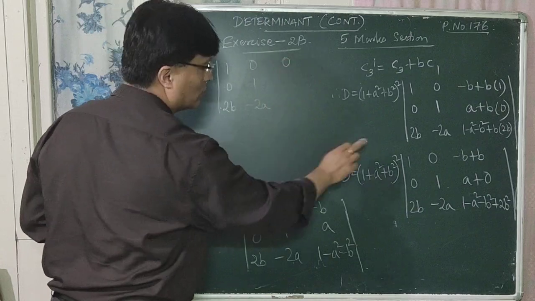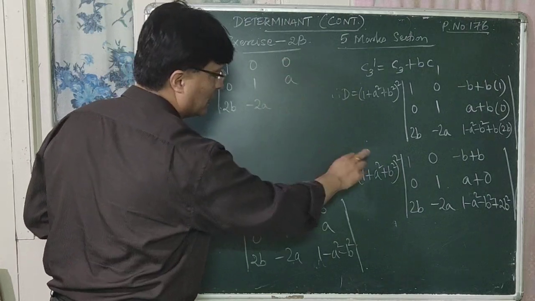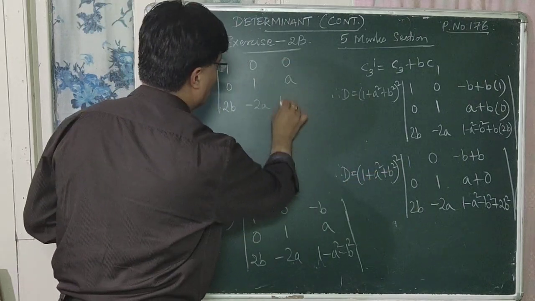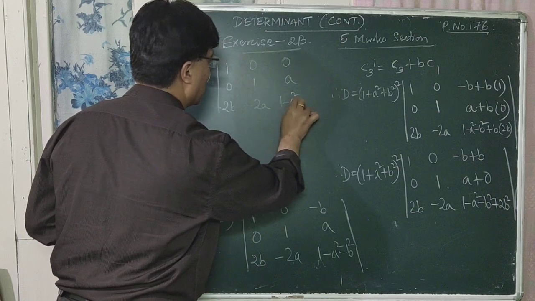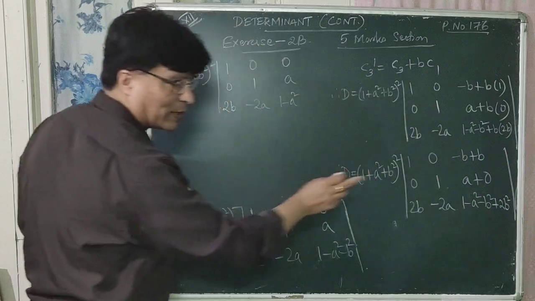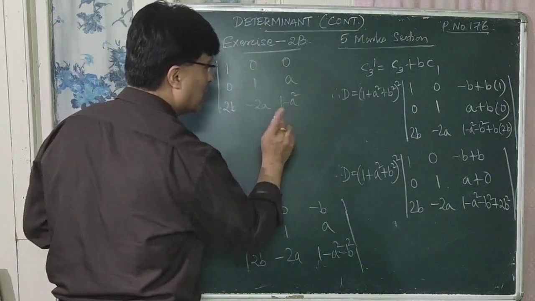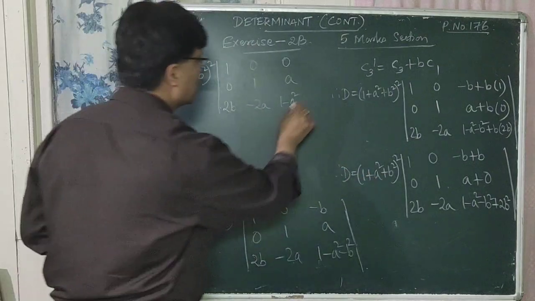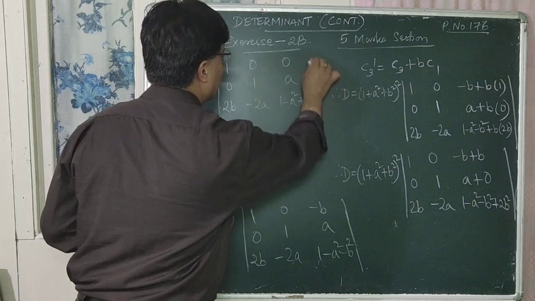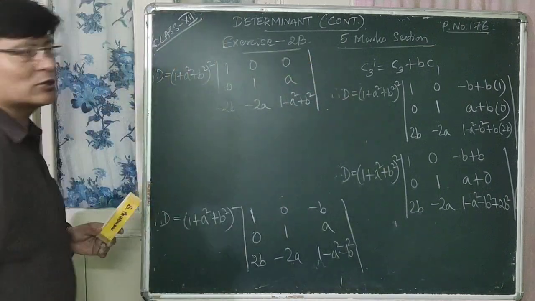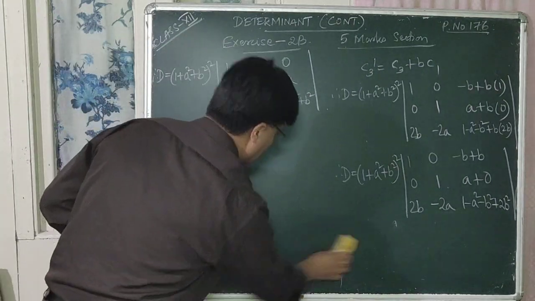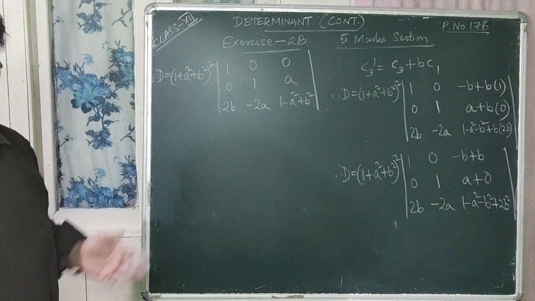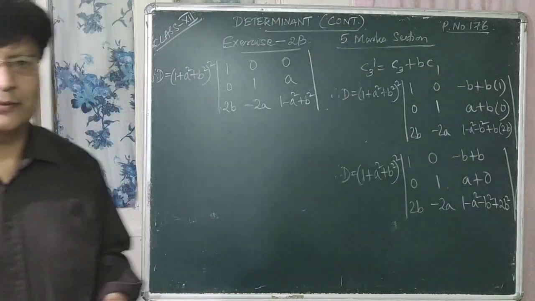It is 0, next a, and next 1 minus a square, then minus b square plus 2b square. You can subtract it and write down the sign of the greater number, that is plus b square. Determinant sign is closed. Is it clear now? So now you can expand it further, then you can get the answer, right?